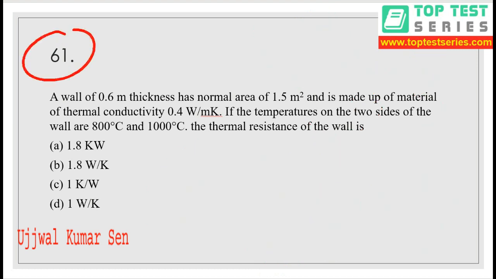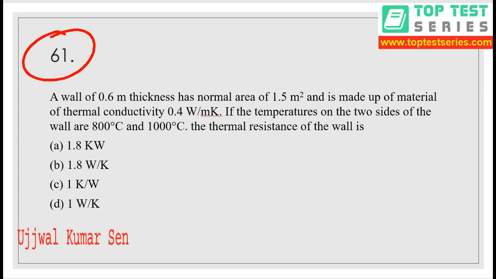Now let's start with question number 61. A wall of 0.6 meter thickness has normal area of 1.5 meter square, is made of material thermal conductivity 0.4 watt per meter Kelvin. If the temperature on the two sides of the wall are 800 degrees centigrade and 1000 degrees centigrade, the thermal resistance of the wall is?